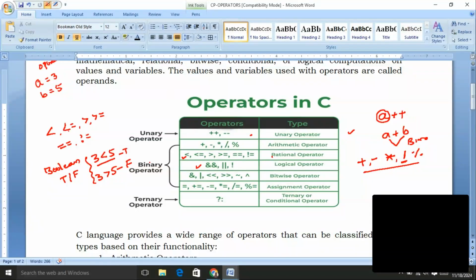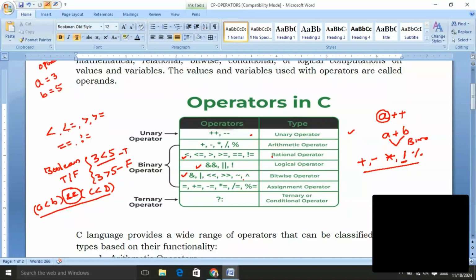To form large Boolean expressions, like A less than B and C less than D, we use these logical operators. And bitwise operators are one special kind of operators in C language. I will explain each and every category and demonstrate separately.